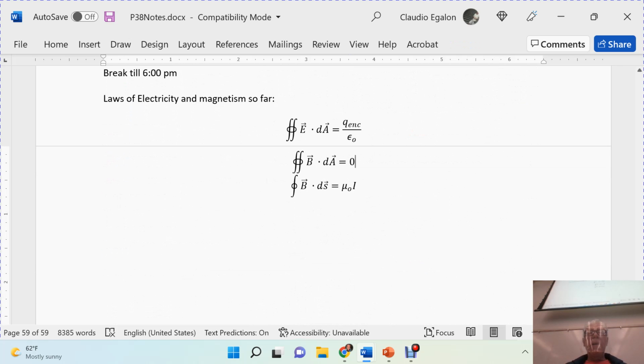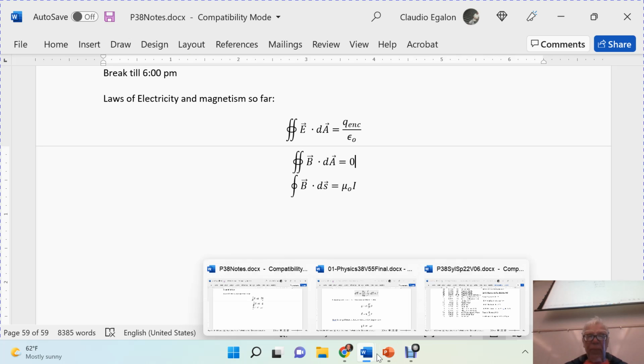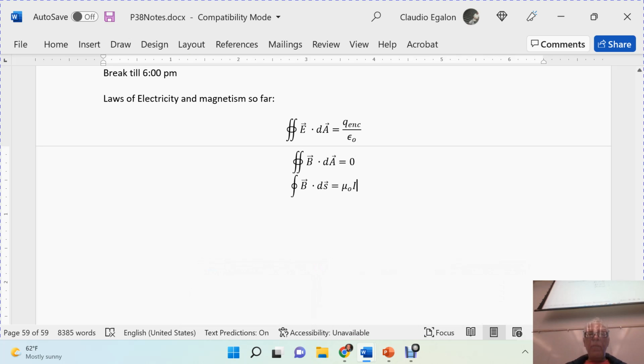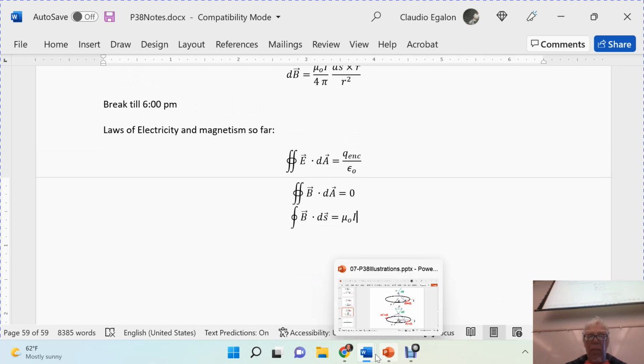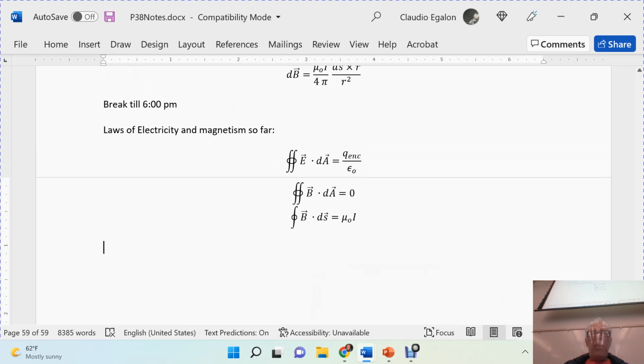Okay. Now, of course, you have that other law too, the magnetic force law that you saw. I'm not going to put it here. Similar to Biot-Savart law, that's Ampere's law.